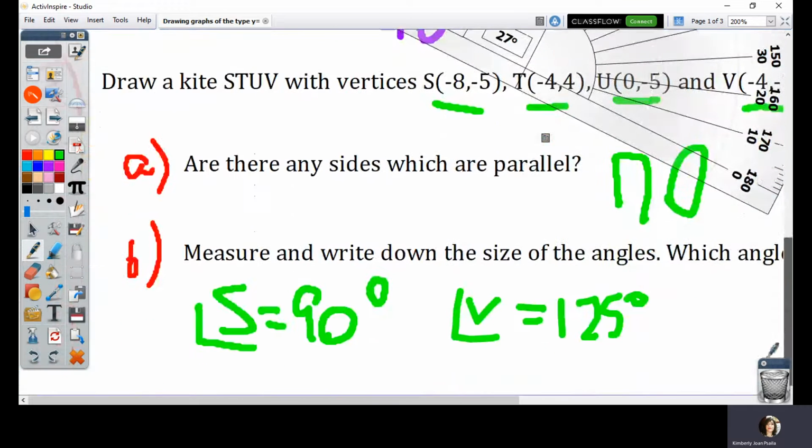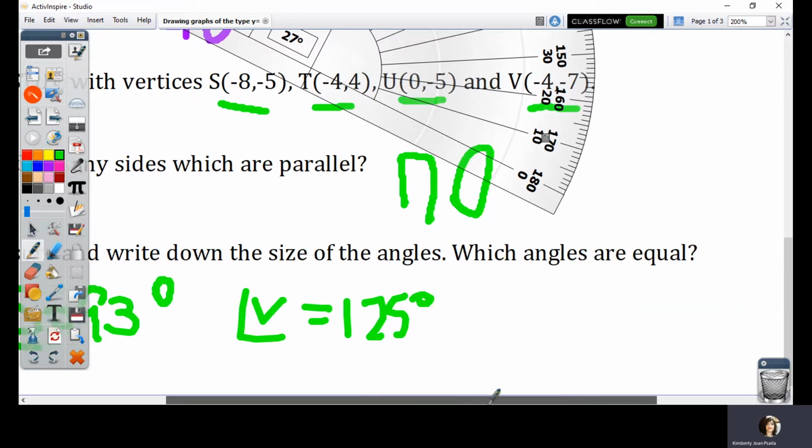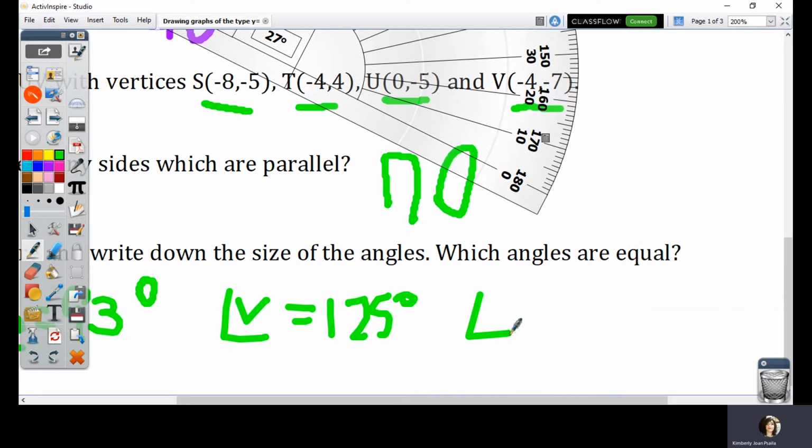So angle S, please arrange it. Let us do it 93, since we need to be a bit exact here. And angle U here is also 93.